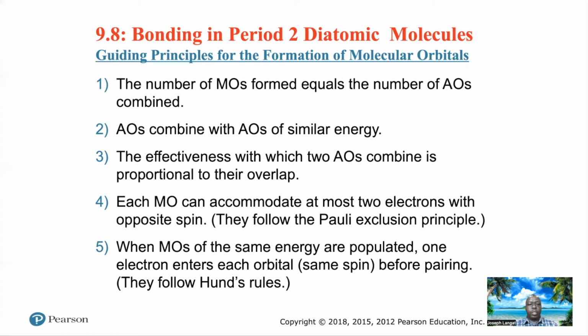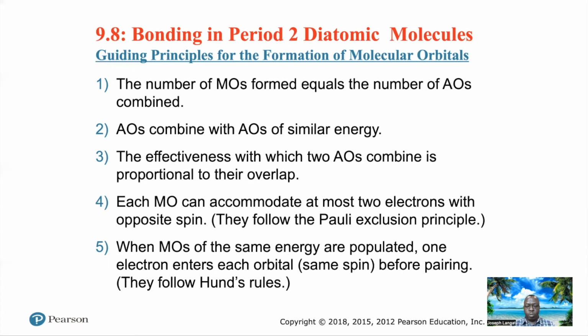Number 2, atomic orbitals combine with atomic orbitals of similar energy levels. You will not have atomic orbitals with different energies combine. It won't work. The effectiveness with which 2 atomic orbitals combine is proportional to overlap. Just the way we wrote the electron configuration of elements, we follow Pauli's exclusion principle. You will not have electrons with parallel spin.